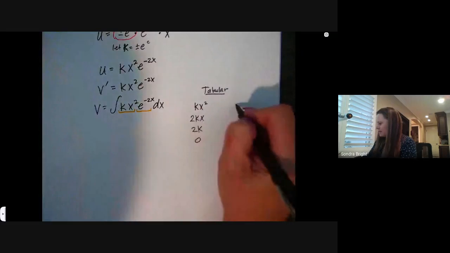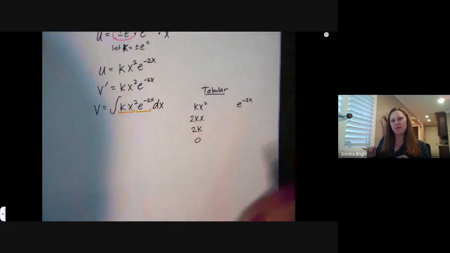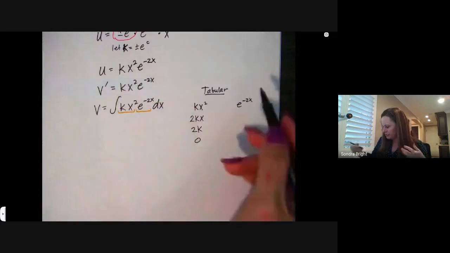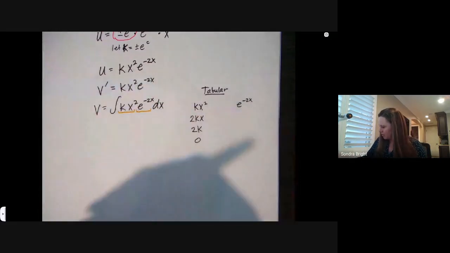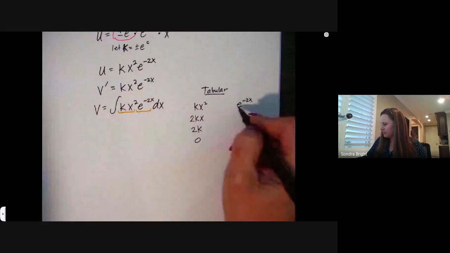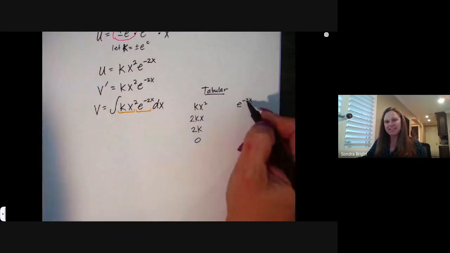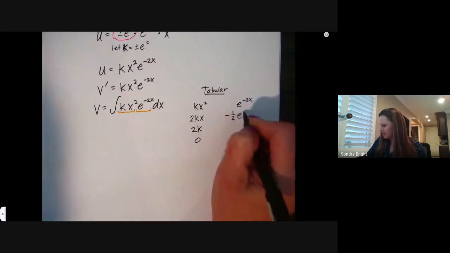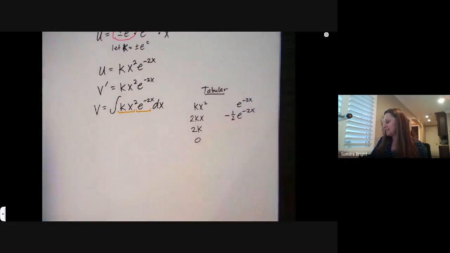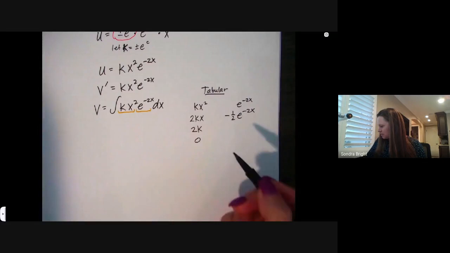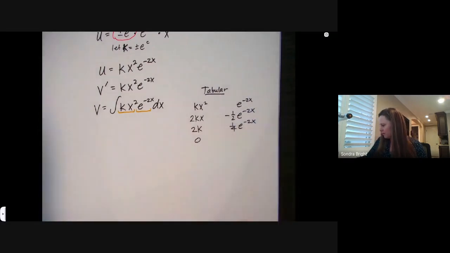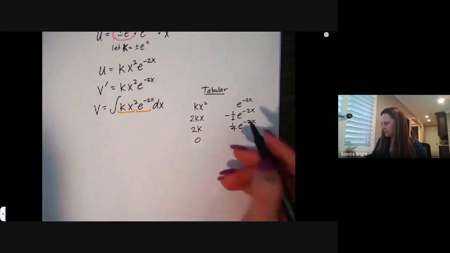And then remember, we do antiderivatives on the g of x, so you're going to undo the chain rule. If you were taking the derivative, it would be times negative 2, but we need to undo that. So it's negative 1/2 e to the negative 2x, multiplied times another negative 1/2, so a positive 1/4 times e to the negative 2x. And then times another negative 1/2, so a negative 1/8 e to the negative 2x.